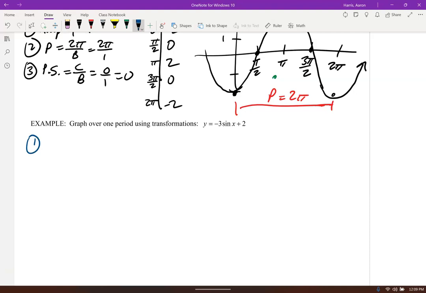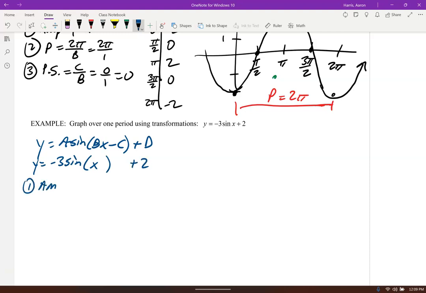So number 1, let me actually do this. Y equals a sine bx minus c plus d. Amplitude, absolute value of negative 3, which is 3.